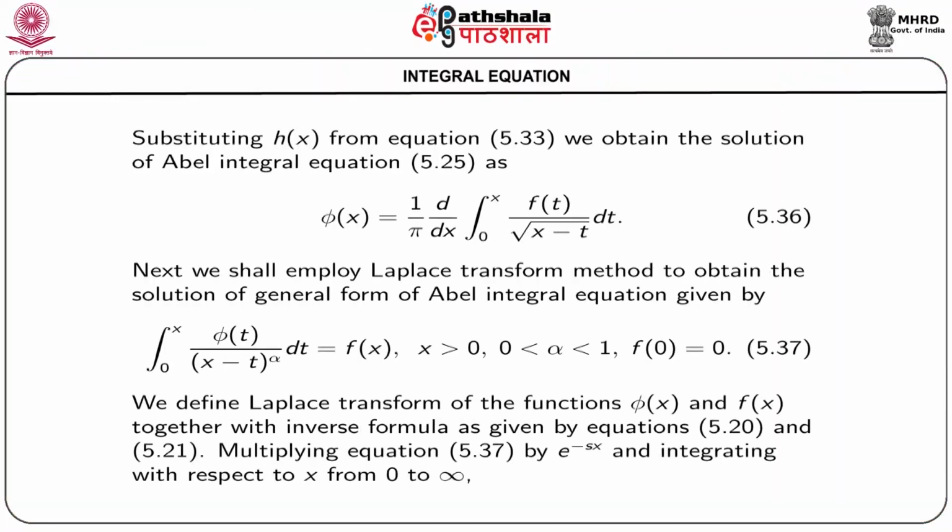Now, we consider the integral equation as given by equation 5.37. Here the kernel is given by 1 by x minus t to the power alpha, where alpha lies in the interval 0 to 1 and f 0 equal to 0.